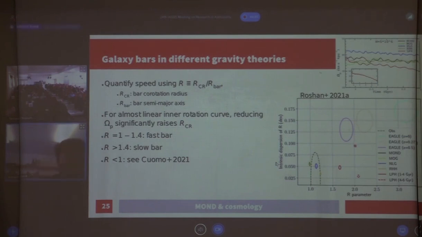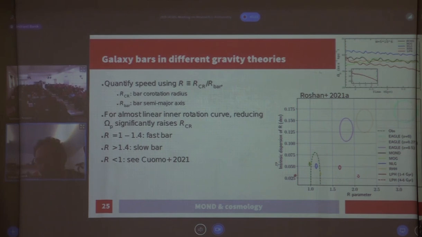Right. So no, it's not. First of all, intuitively, it is true that because of the lack of dynamical friction, you would expect fast bars. But there are N-body simulations to show this as well. So you can see in this N-body simulation from Roshan et al. 2021a in MOND, you get this black region there. So it's kind of hidden here.